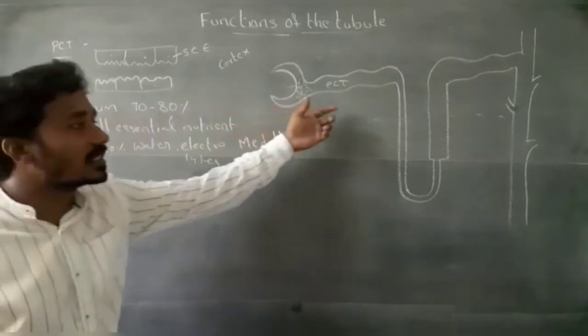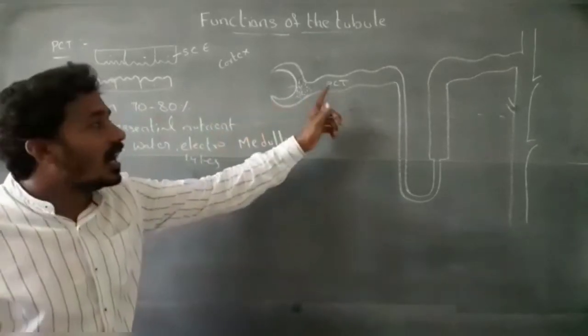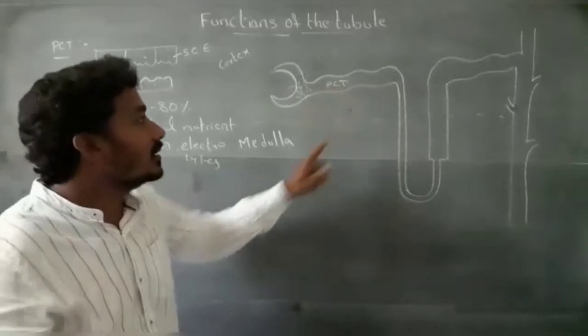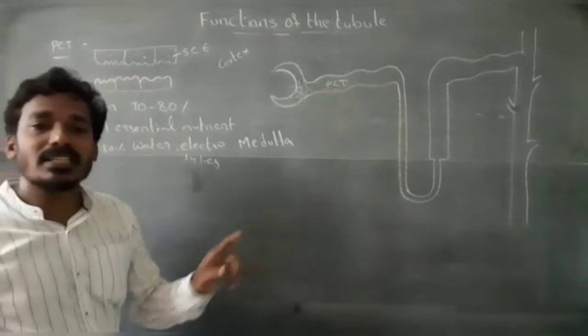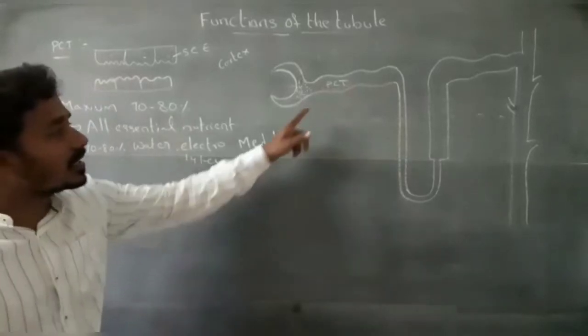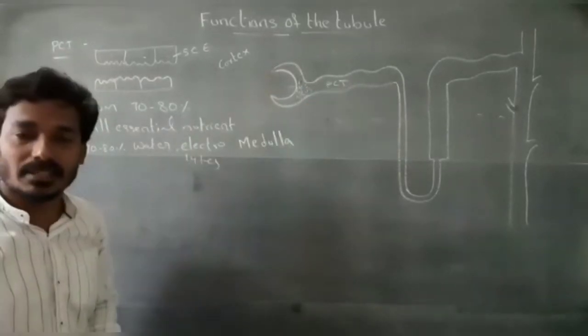Maximum absorption occurs in the PCT. All essential nutrients are absorbed in the PCT. 70 to 80% of water and electrolytes are reabsorbed in the PCT region.